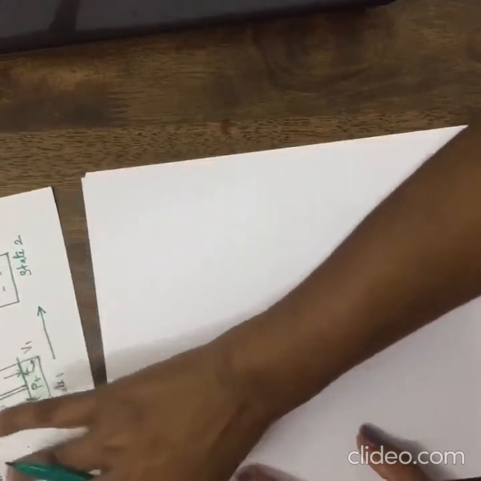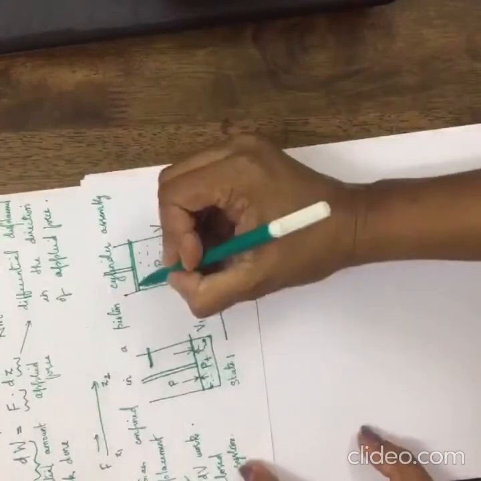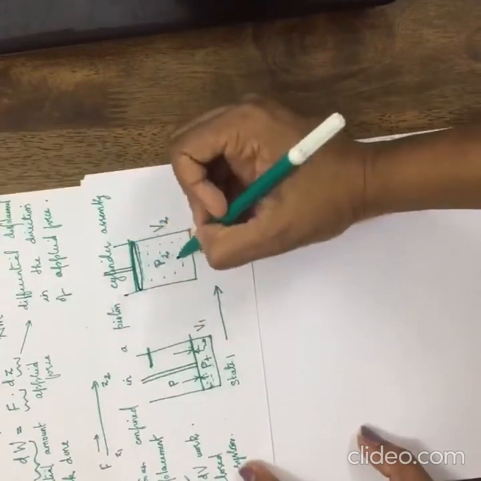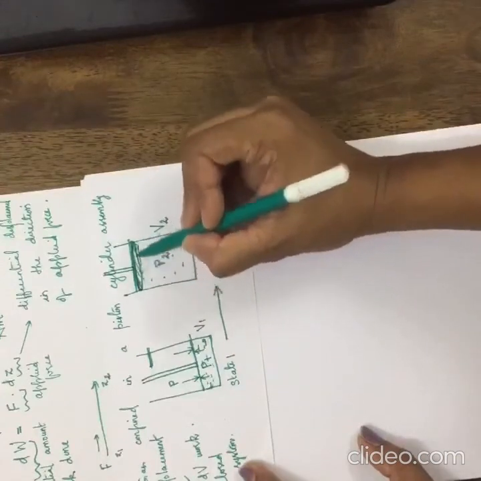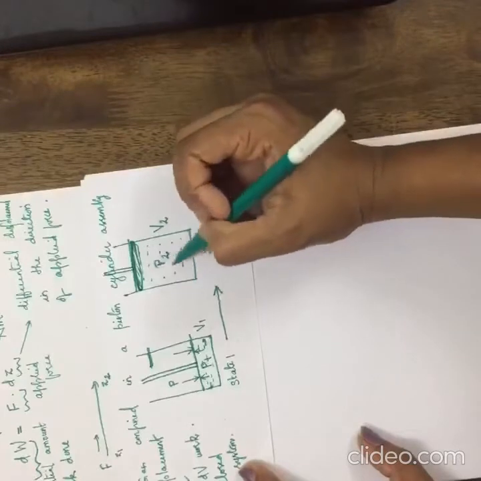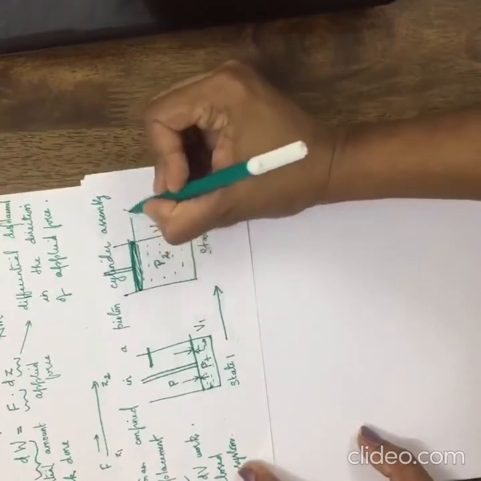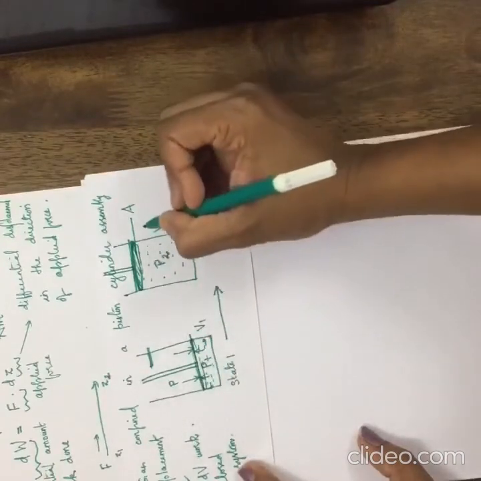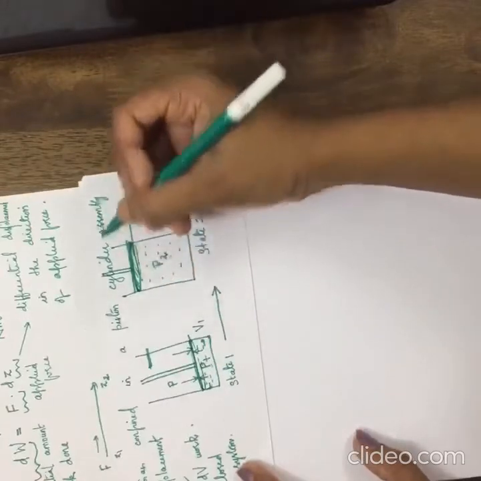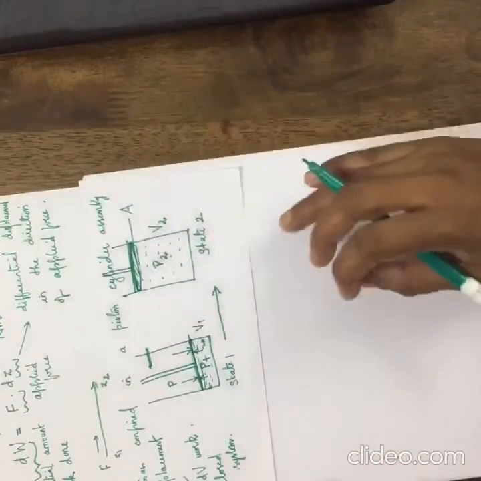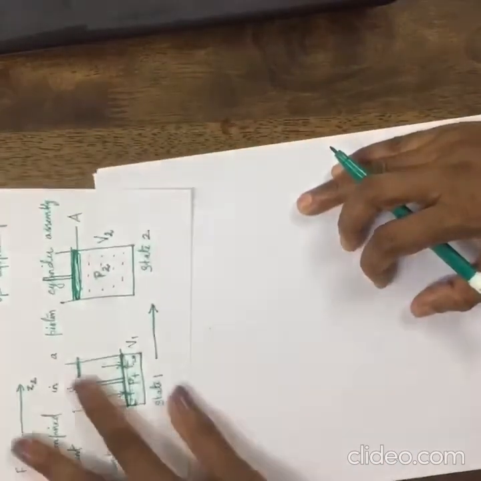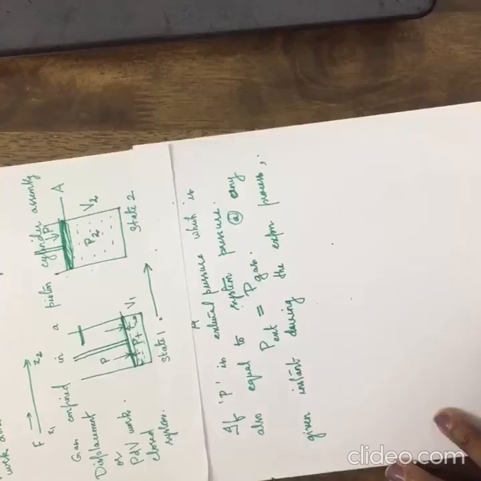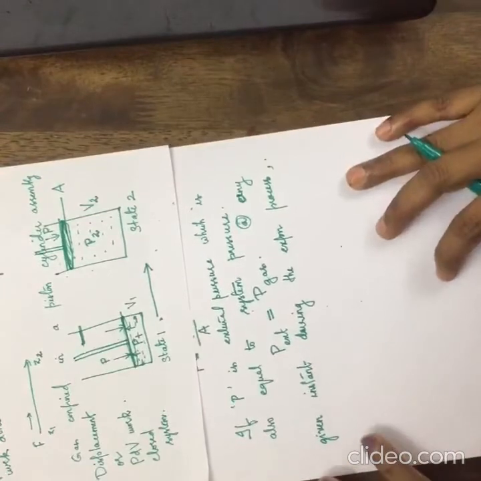If the surface area of the piston that is exposed to the gas is A, then the force acting on the piston could be written as follows.